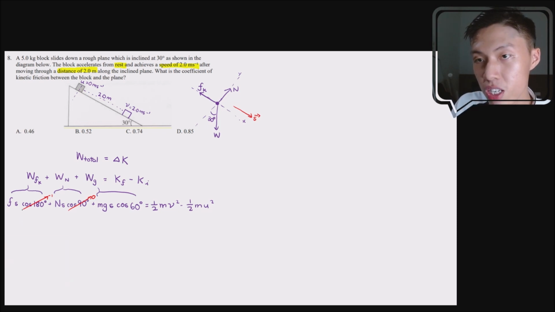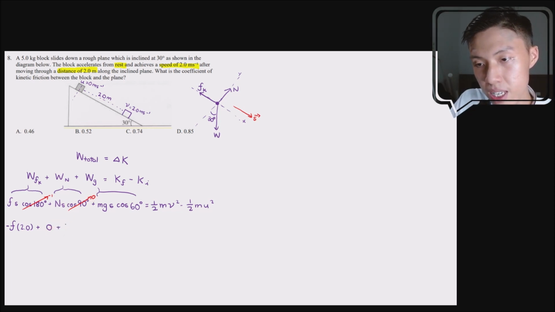The friction is what we want to find because later we'll link it to our coefficient of kinetic friction. So we leave it as F. The distance traveled is 2.0. So you multiply by -1 over here, therefore I put a negative sign in front. Then it'll be plus 0, because N times s, even though there's a value, you times 0, you get 0.